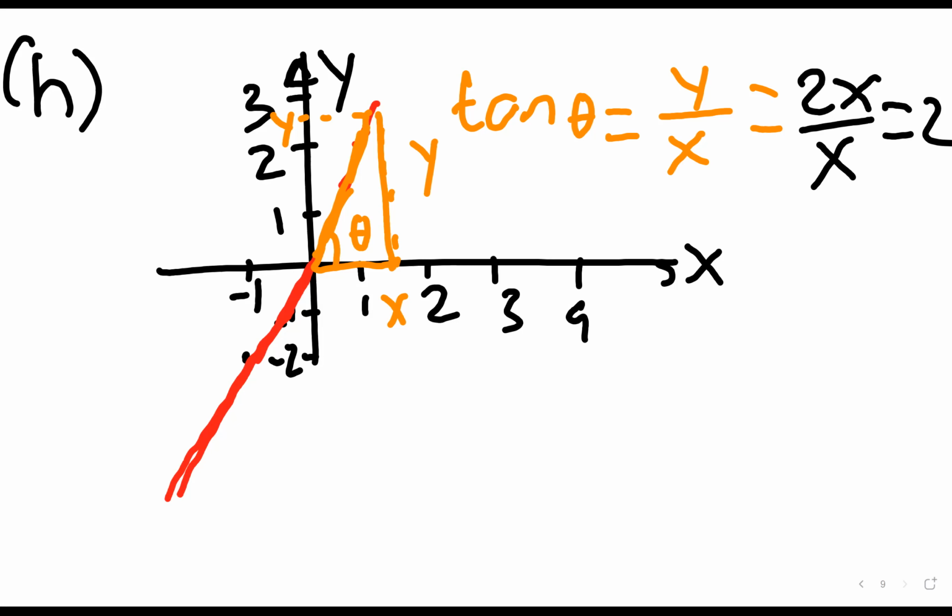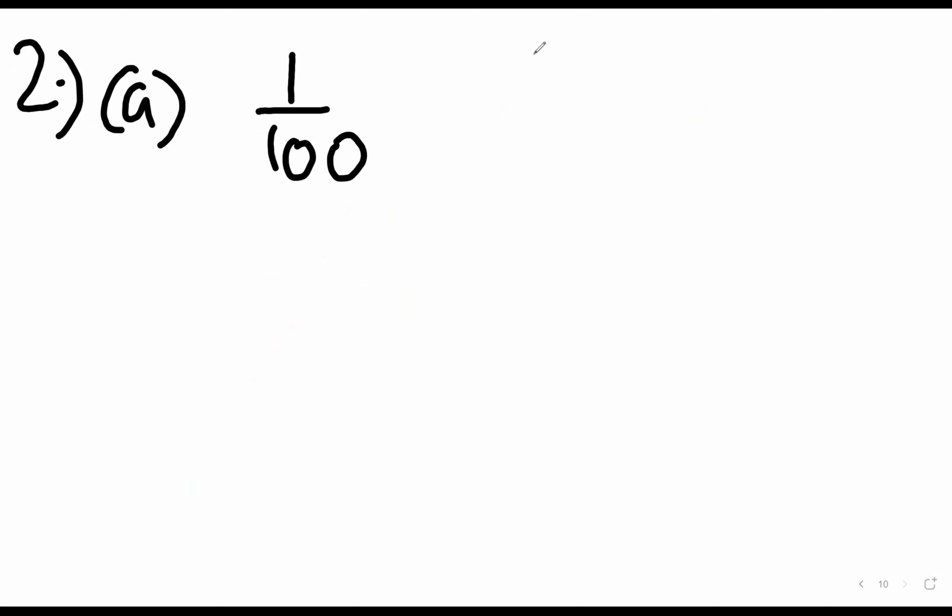Let us start with 2a. I have two numbers, 1 over 100 and 1 over 99. We want to know what number is in between.